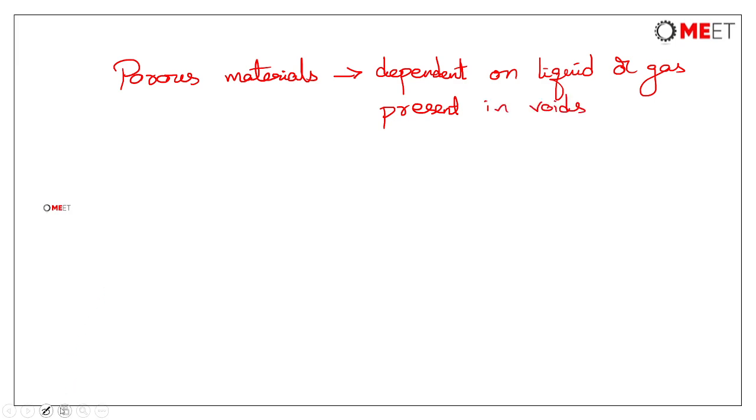So thermal conductivity of porous materials will be dependent on the liquid or gas that is present in the voids. Try to remember that.